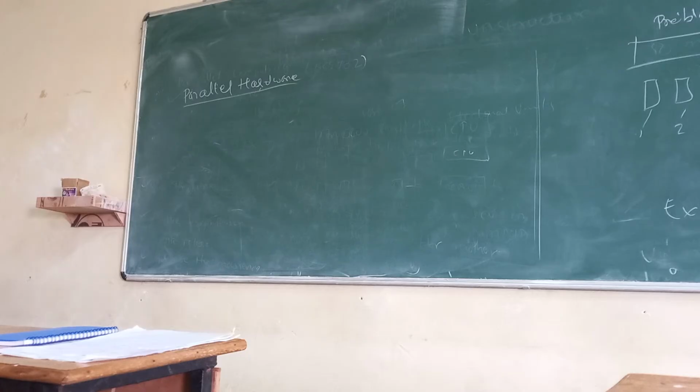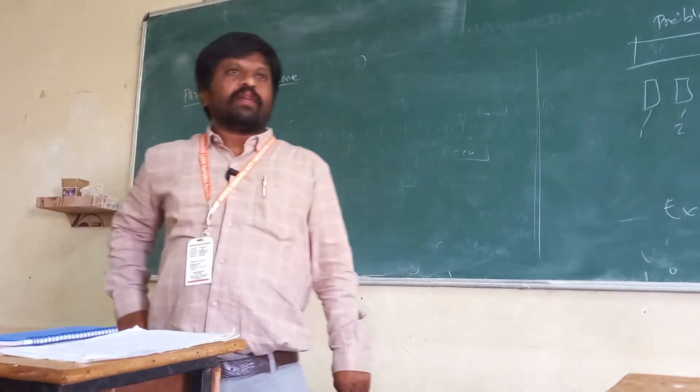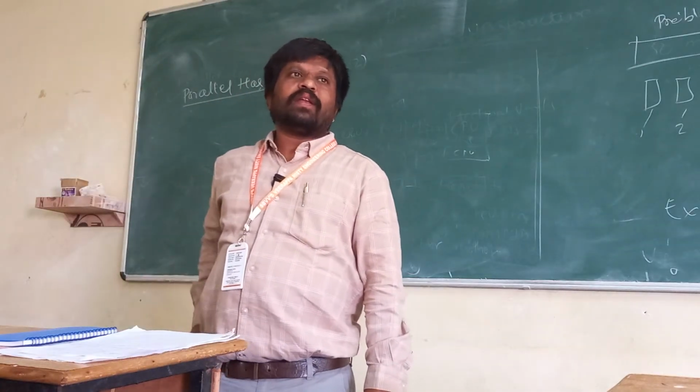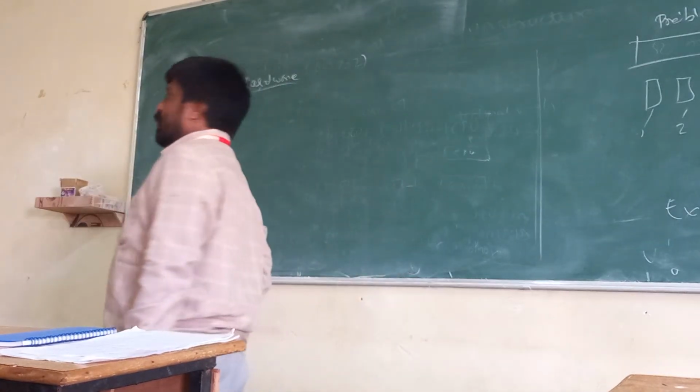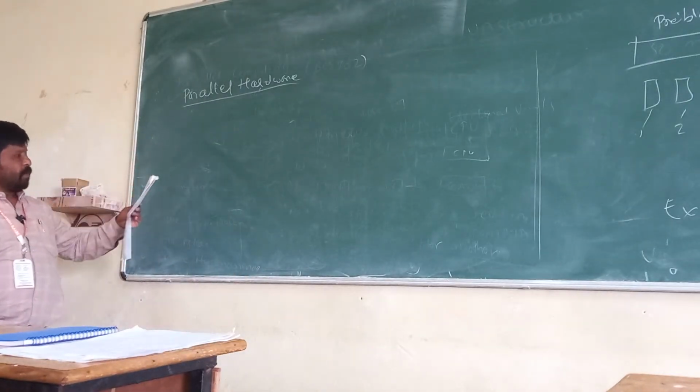We have to assume that what we are writing in programs, we will not see whether we are executing with parallelism or not. We can see the parallelism in the hardware.